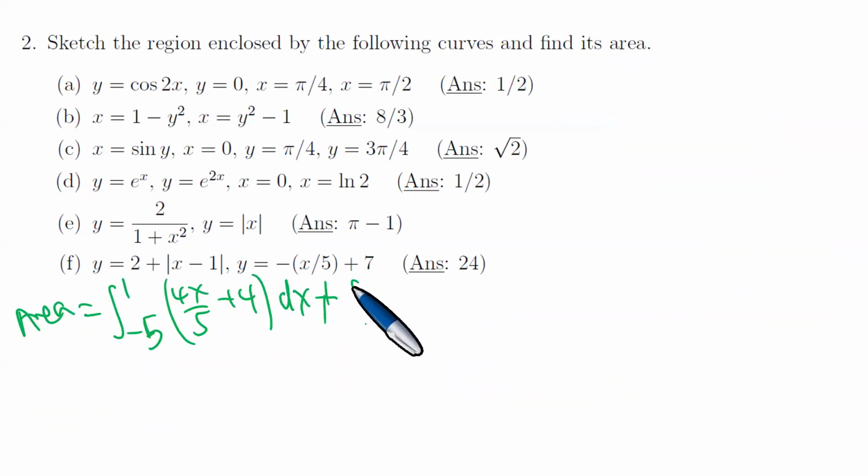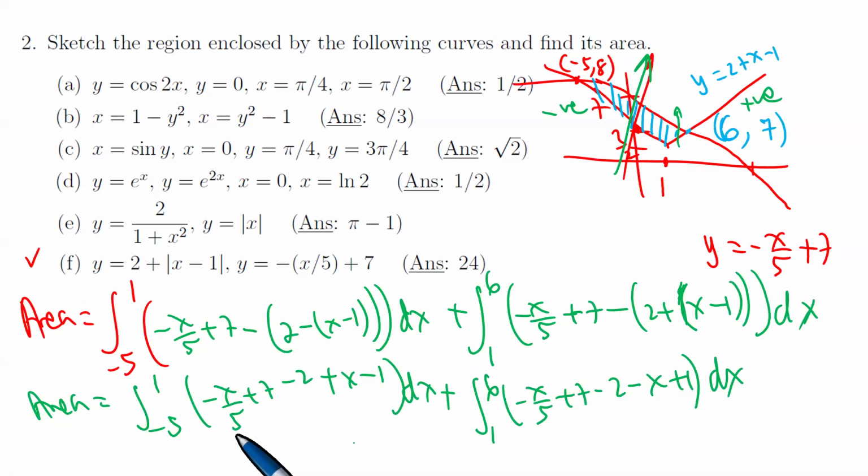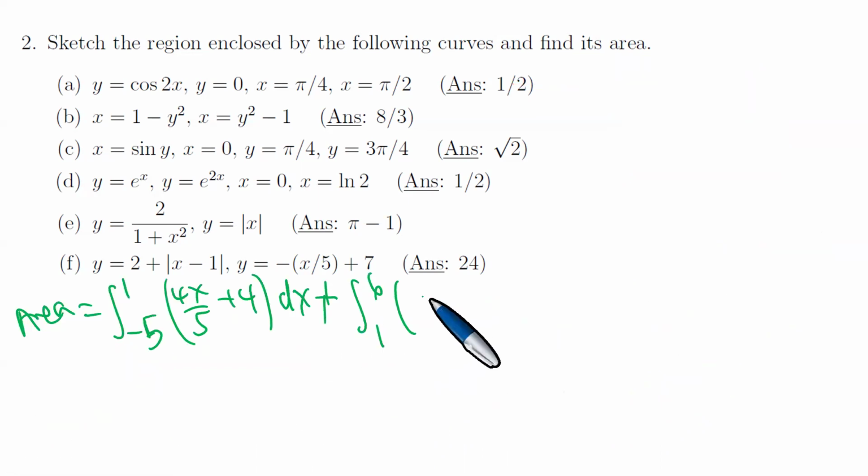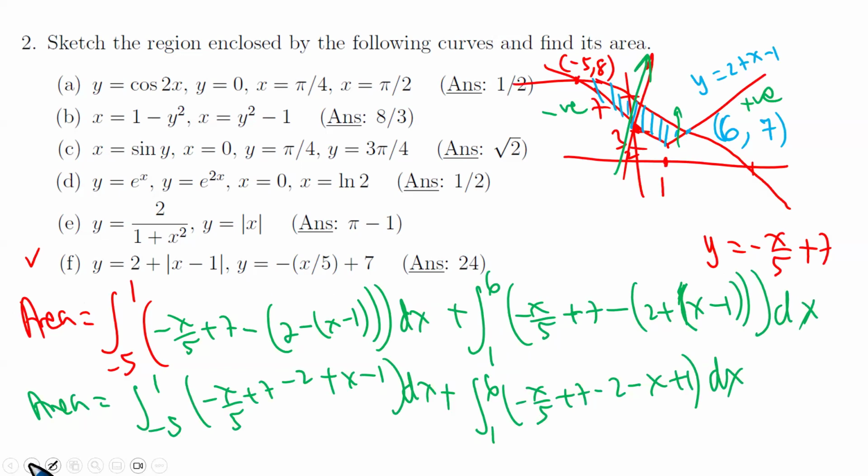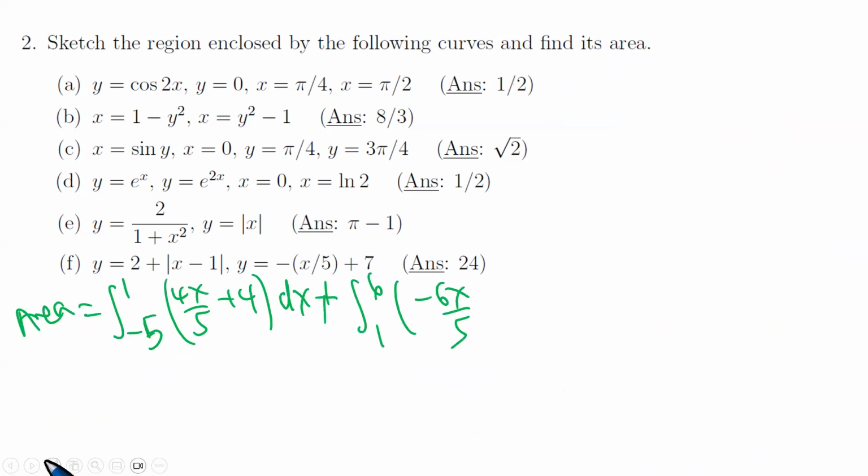From 1 to 6, this one is minus that: minus x over 5 minus x, which is minus 6x over 5. And then you have 7 minus 2 plus 1. Minus 2 plus 1 is a minus 1, and then 7 minus 1 is a 6.